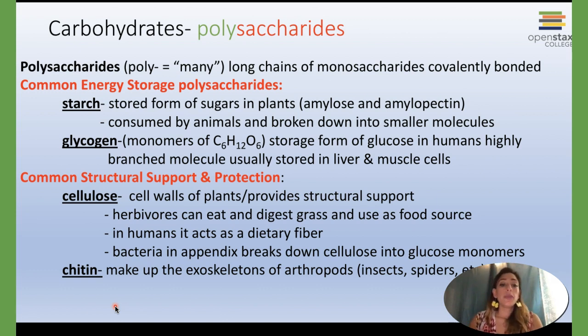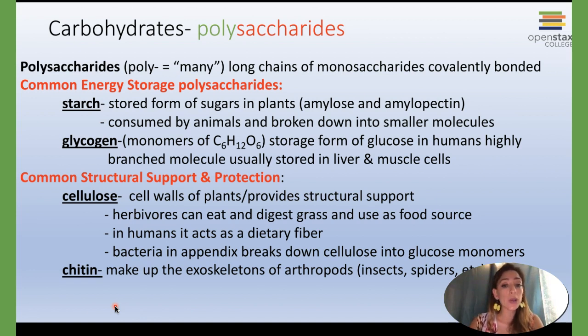Okay, remember we said polysaccharides, or complex carbs, are also good for structural support and protection. Plants use polysaccharides in the form of cellulose for their cell walls. Herbivores can eat this grass, digest it, and use it as a food source.